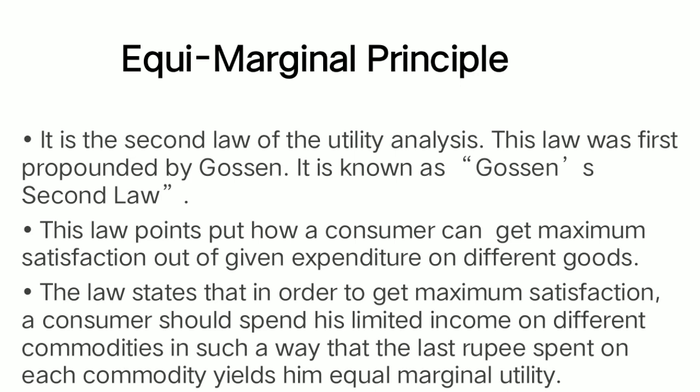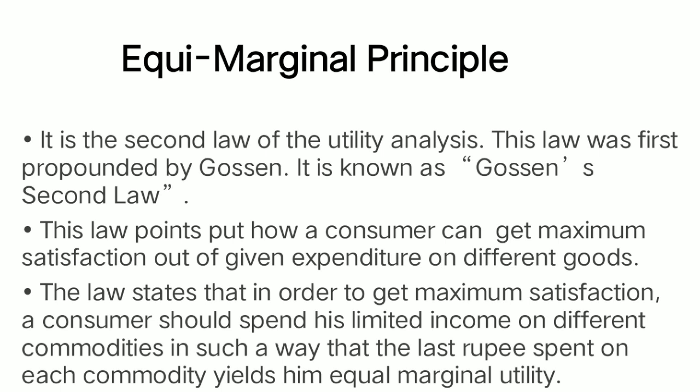So now let us know the equimarginal principle. It is the second law of utility analysis. This law was first propounded by Gossen. It is known as Gossen's second law. This law points out how a consumer can get maximum satisfaction out of a given expenditure on different goods.